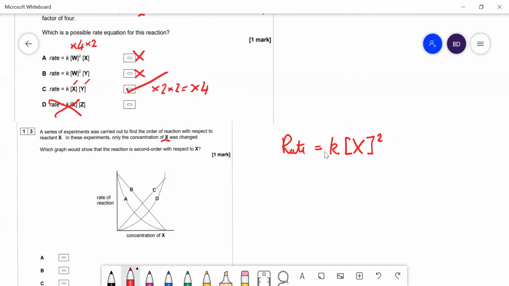So that means the curve, you put rate there and concentration of X, it will be a curve. It won't be the straight line like that. So the answer is D. That's the right answer there.